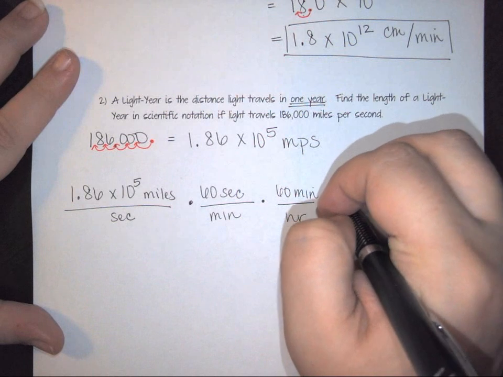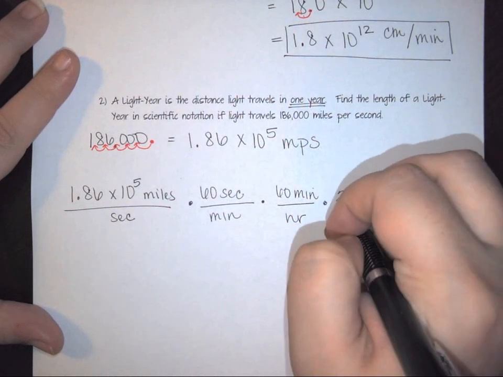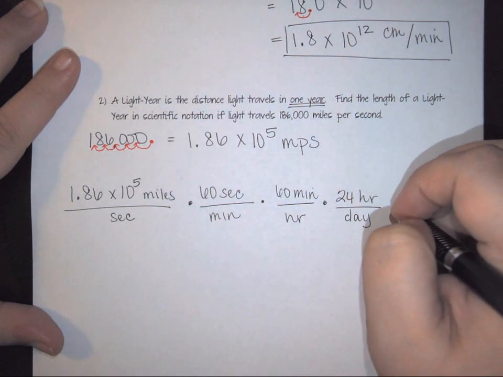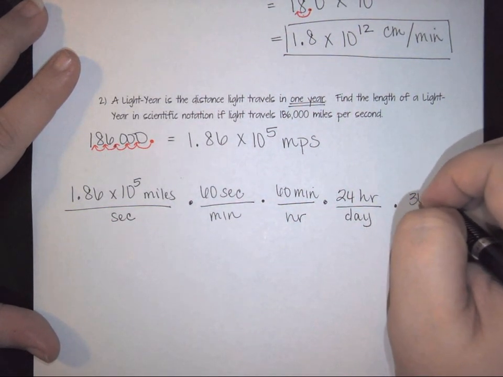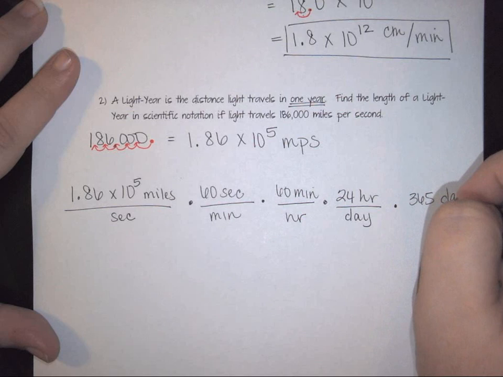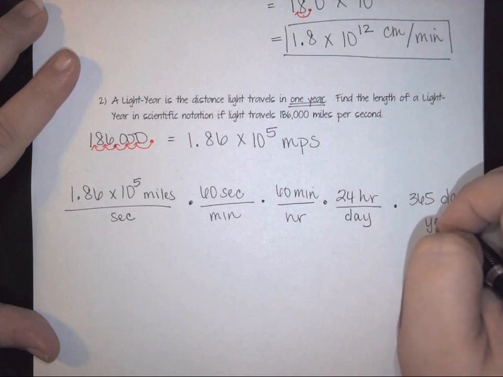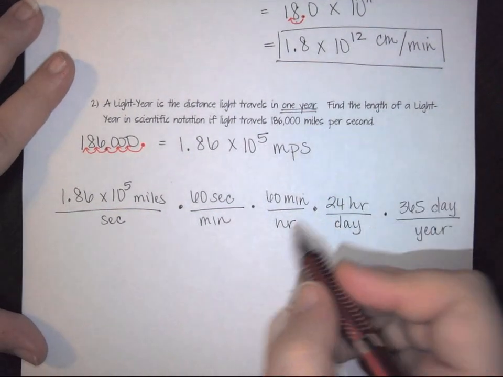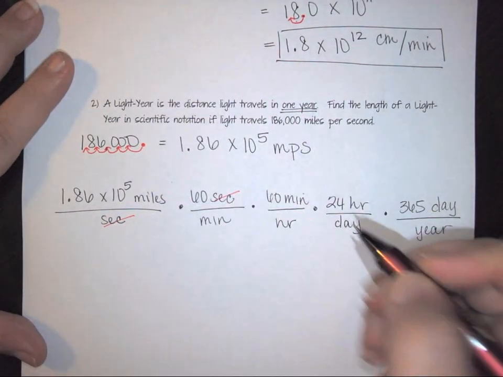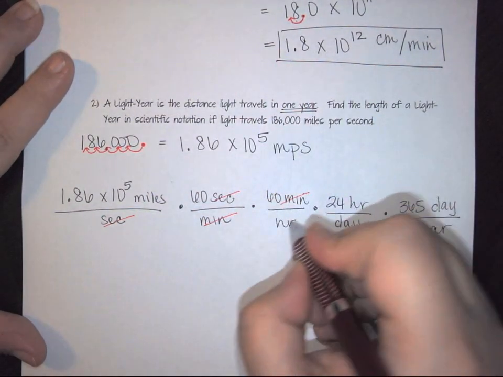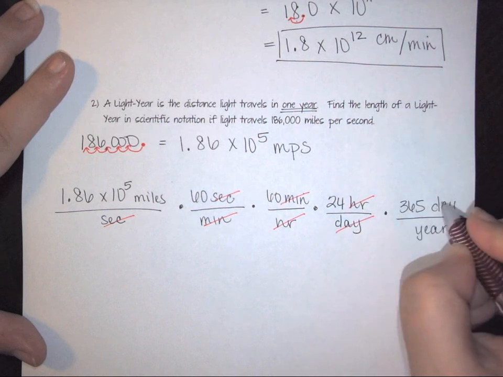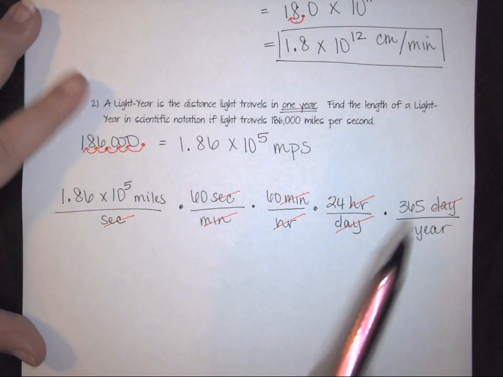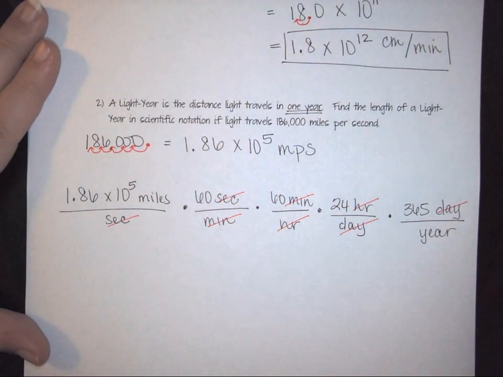I know that there are 24 hours in a day. And I know that there are 365 days in a year. If I take a look at all of that, notice my seconds will cancel, the minutes will cancel, the hours will cancel, the days will cancel, and that leaves me with miles per year, which is going to give me a light year.